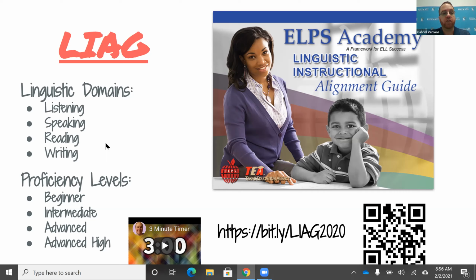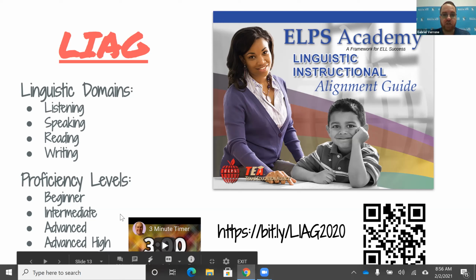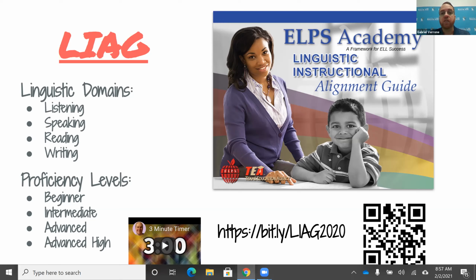And what you'll notice is that it has the same exact linguistic domains as the rubric that measures how students grow in TELPAS. It has the same proficiency levels, but what it does is it gives you specific concrete strategies that you can use to help students grow in and experience each specific language modality, and gives you teacher behaviors for each of the proficiency levels, okay?